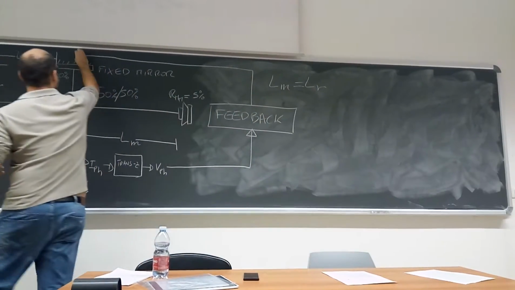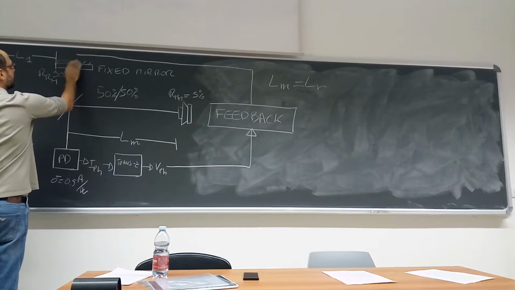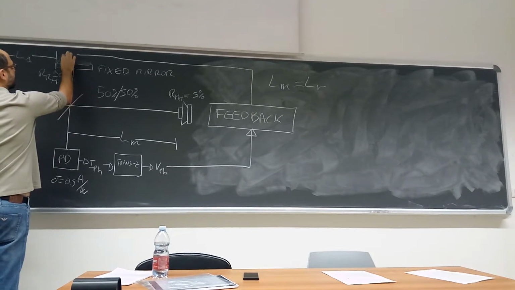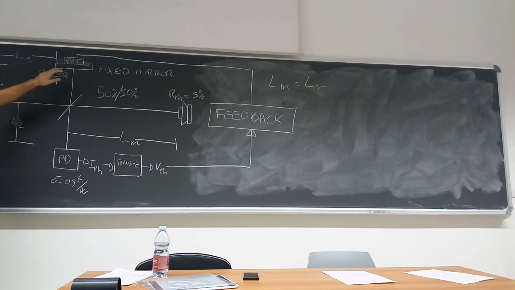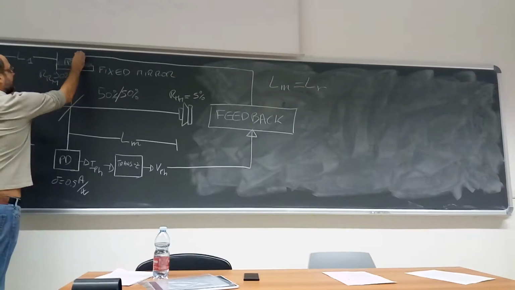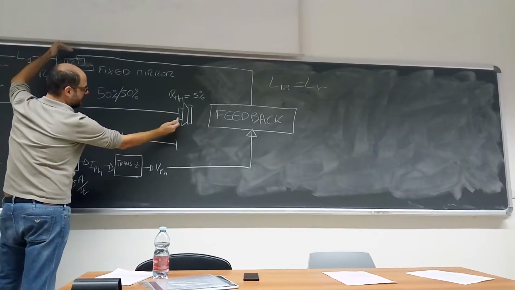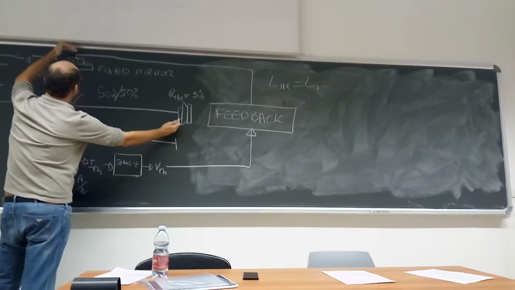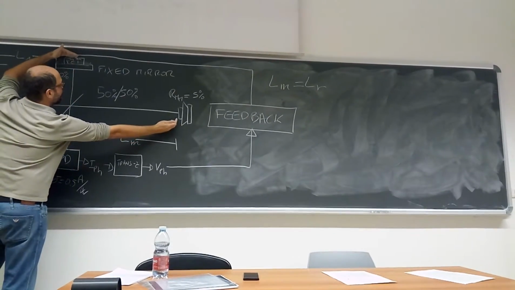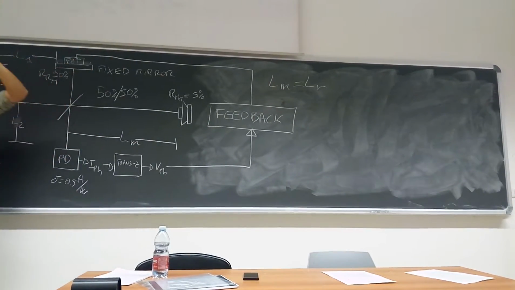This drives, for example, a piezoceramic actuator that is mounted on the reference mirror. And what does it do? If I have a variation of Lm, then I also move the reference mirror. Okay? This is the idea.